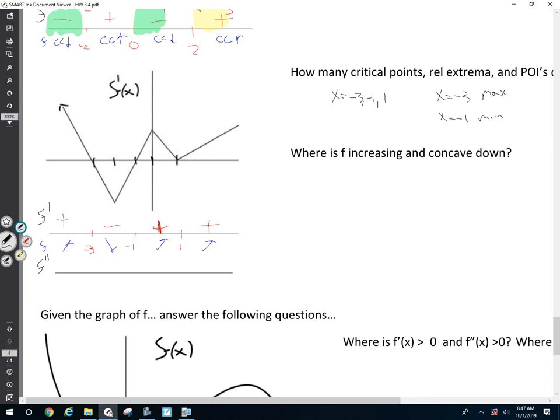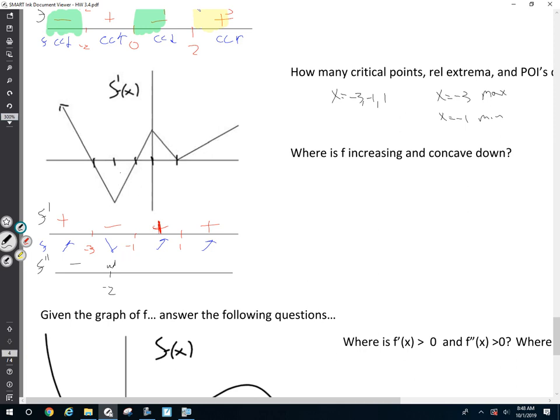Points of inflection, okay. Look at tangent slopes. Negative tangent slopes, negative, negative, negative, negative, until negative 2. At negative 2, it's undefined. It's okay. The tangent slope of f prime here at this sharp point is undefined, but that's okay.